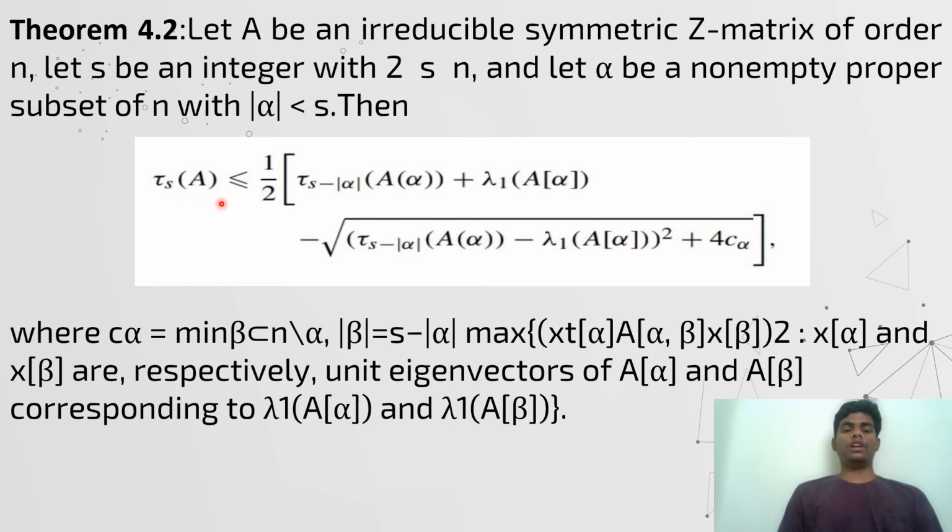Then τ_s(A) is less than or equal to one half of (τ_s minus |α|)(A[α] plus λ1(A(α)) minus the square root of (τ_s minus λ1(A[α]) plus A(α) minus λ1 A)^2 plus 4c), where c(α) is the minimum over β subset of n containing α with |β| equal to s minus |α| of the maximum x^T A[α, β], where A[α], A[β] are Z-matrices, and x, y are respectively unit element vectors of A[α] and A[β] corresponding to λ1(A[α]) and λ1(A[β]).